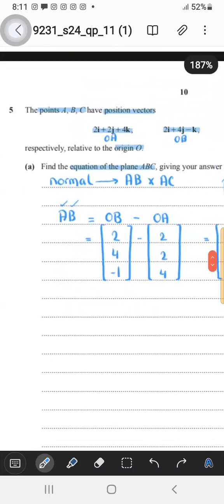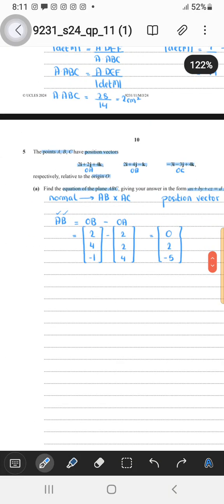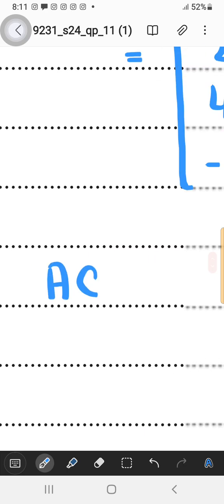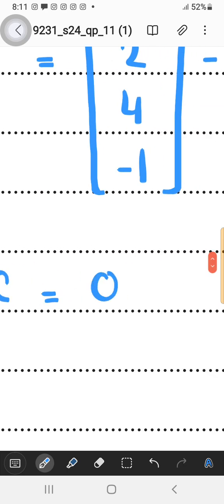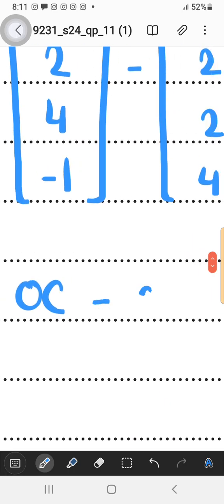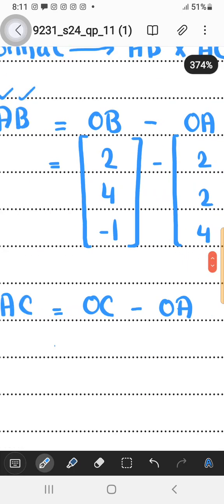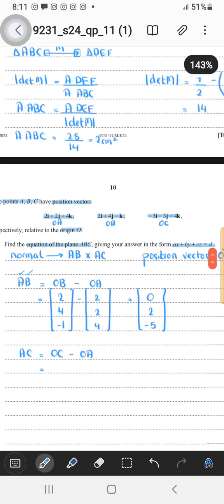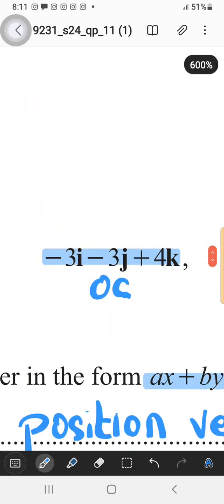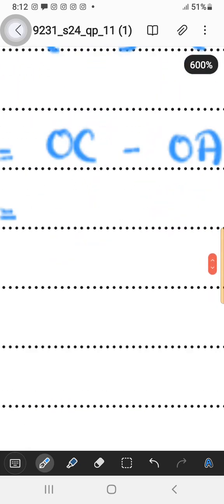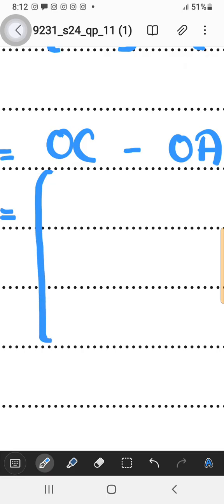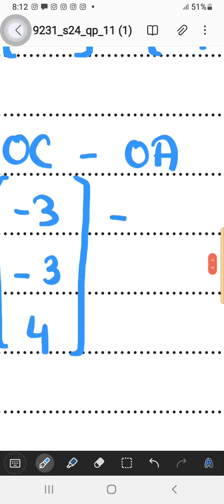Now we will find AC. I urge you to find out AC by yourself. If you can't find out, then I will show how to find out AC. First we will do OC minus OA. So OC is minus 3i minus 3j plus 4k. So I will write minus 3, minus 3 and 4, minus OA.